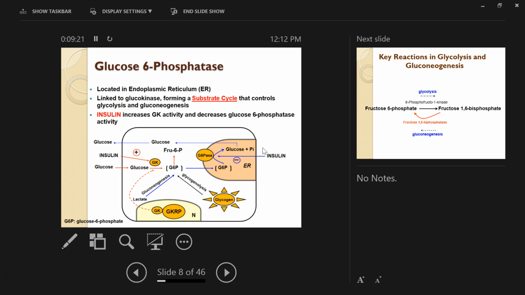So insulin basically inhibits the glucose 6-phosphatase and stimulates glucokinase, right? So it's relatively simple, right? Just insulin that is involved in the regulation of the glucose 6-phosphatase. So insulin inhibits glucose 6-phosphatase.